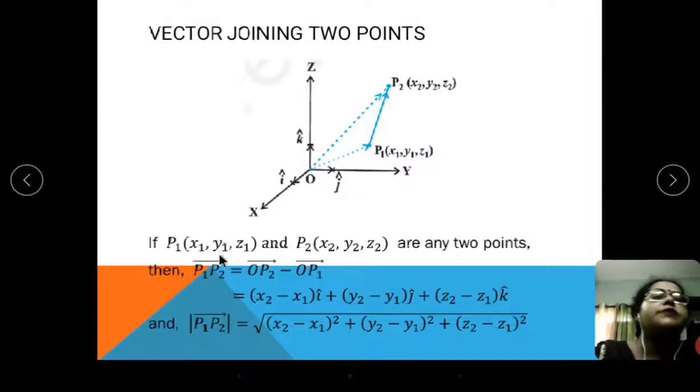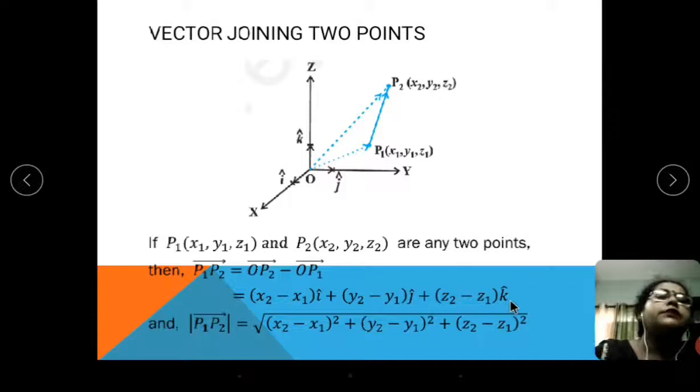Once again, a very important result to be remembered: if we have a vector P1P2, where P1 has the coordinates x1, y1, z1 and P2 has the coordinates x2, y2, z2, then we can represent the vector in the component form as (x2 minus x1) i plus (y2 minus y1) j plus (z2 minus z1) k.